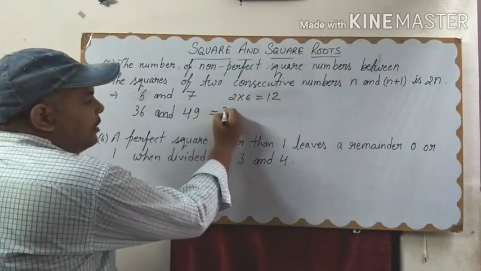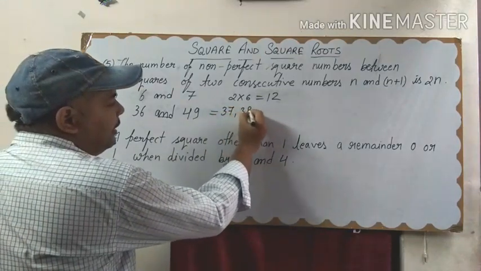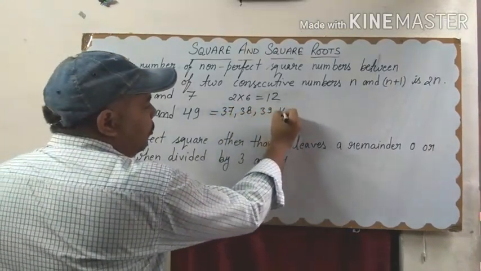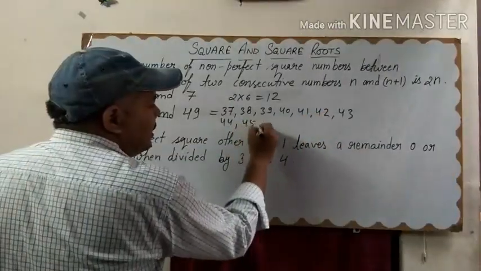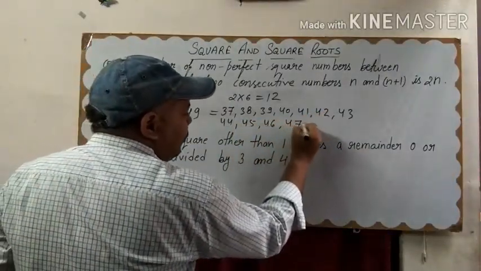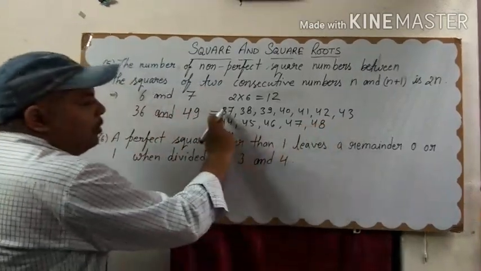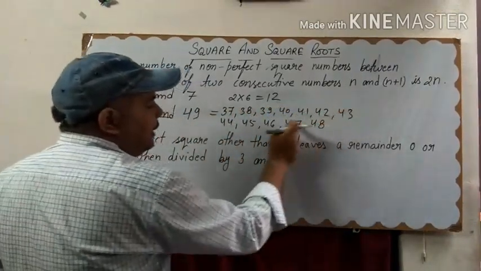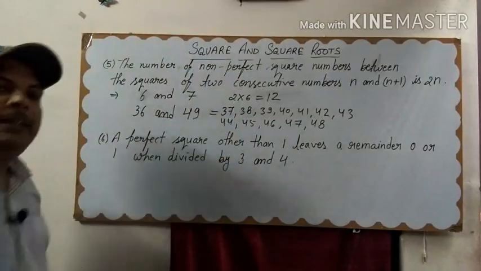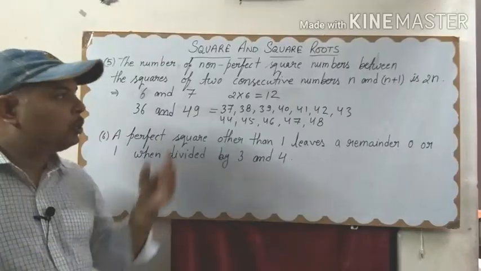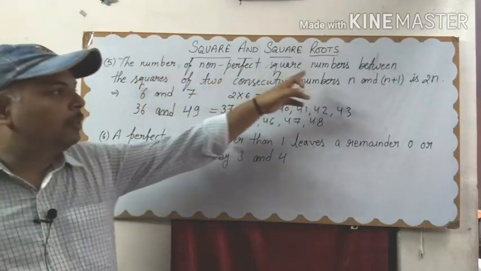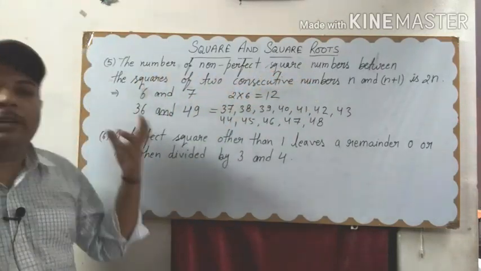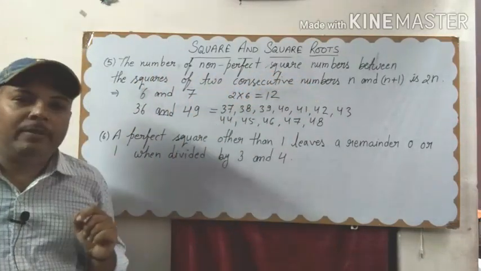We will write here 37, 38, 39, 40, 41, 42, 43, 44, 45, 46, 47 and 48. Count 1, 2, 3, 4, 5, 6, 7, 8, 9, 10, 11, 12. How many numbers are there? 12. So using this property, you will find non-perfect square numbers between the squares of any two consecutive numbers.